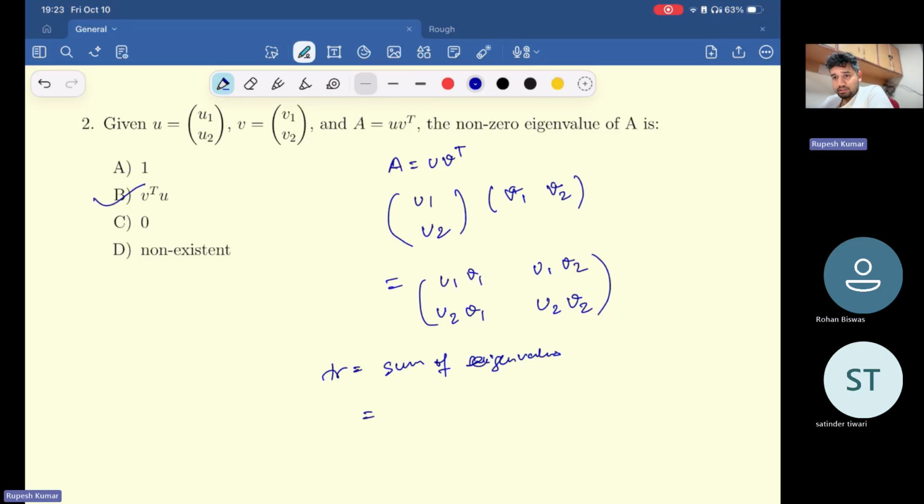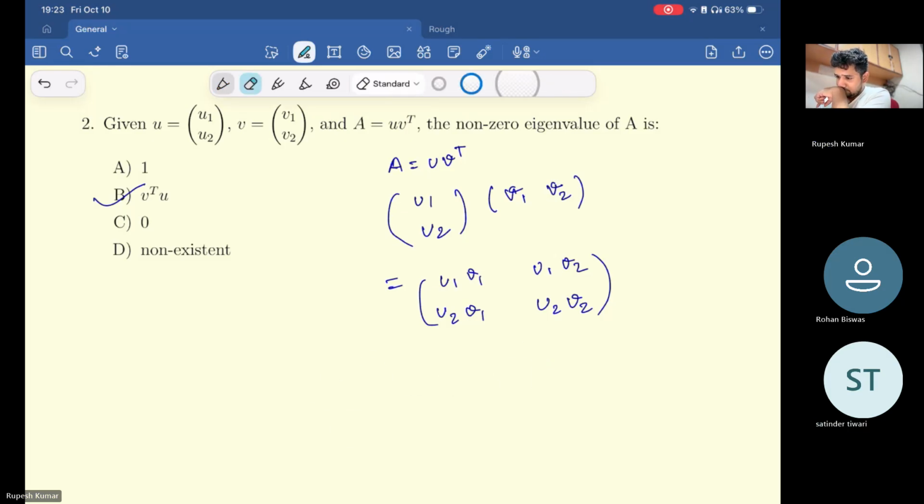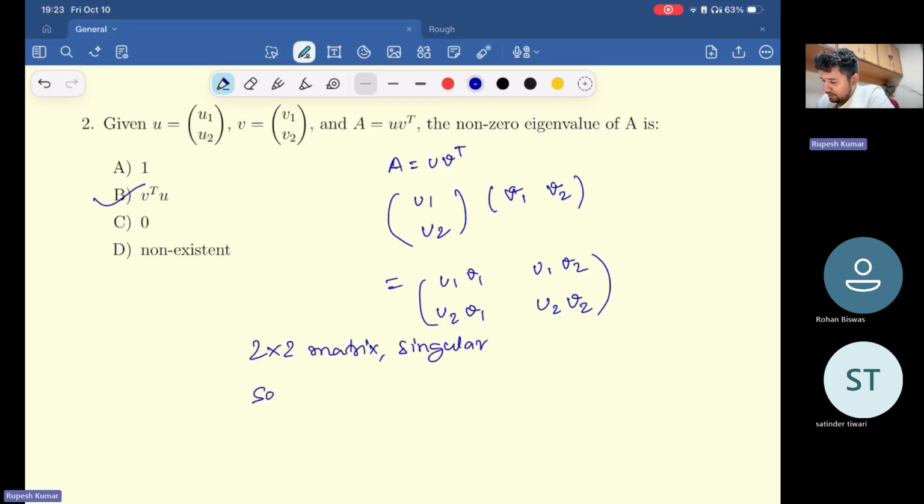Anyone, do you have any doubts in this? No. So basically, this is a 2 by 2 matrix, right? And singular. So rank one.